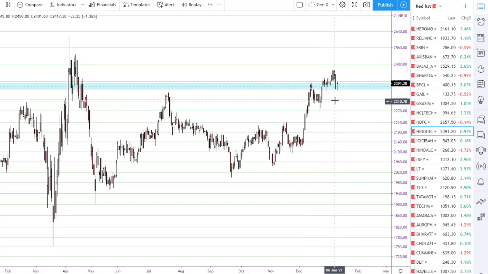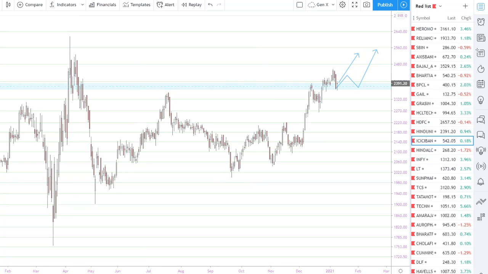If you are an aggressive trader, you can look for buying and ride the trend, or if you are a more conservative trader, you can wait for the price to go up a bit and then come back for a retest like this and then look for a buying opportunity. So this is quite interesting at the moment.